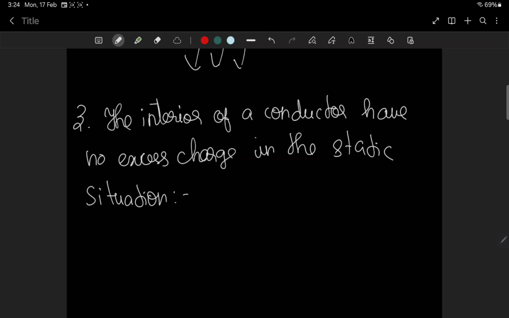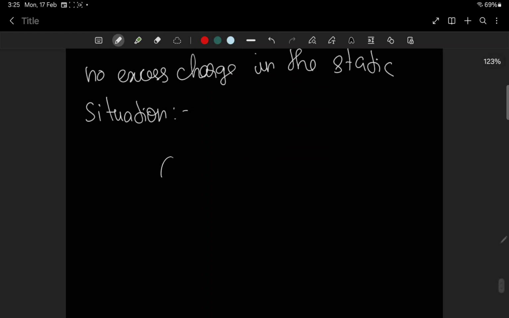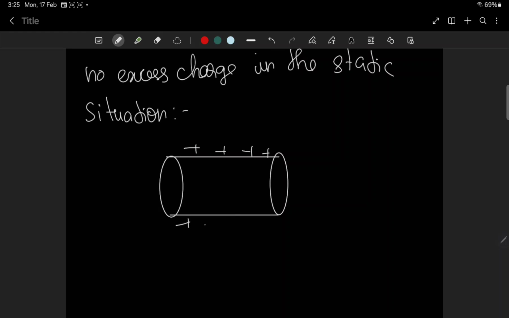A static situation means that nothing is flowing through it. If I am taking a conductor and there are electrons in it, that means there are equal protons. Otherwise, if you go and touch a copper wire, a conductor, you should get shocked.